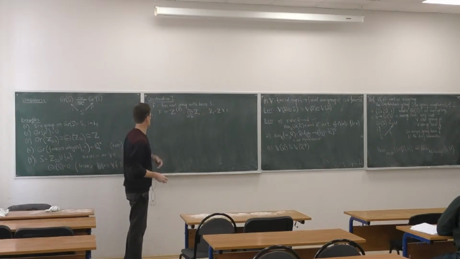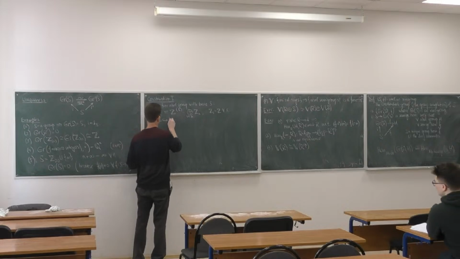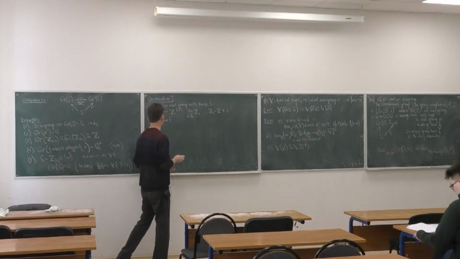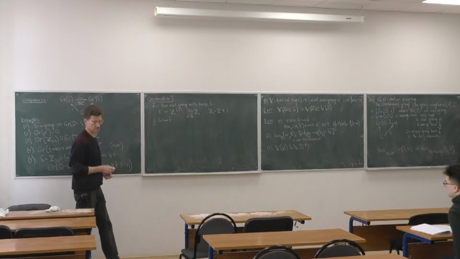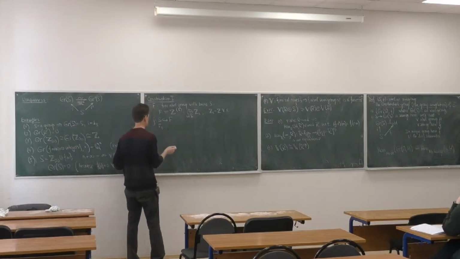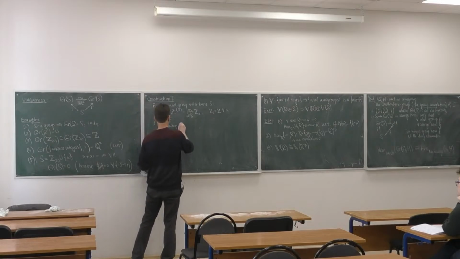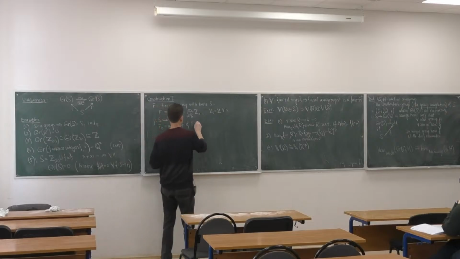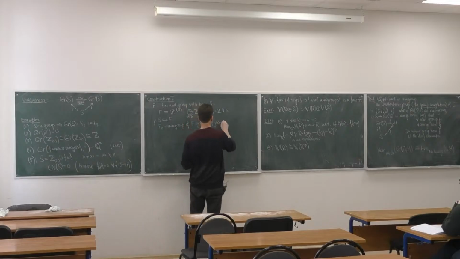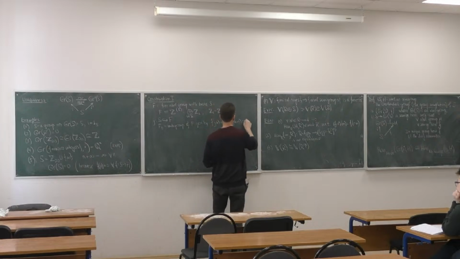So S is a basis of F, so we have a natural inclusion J of S into F. Of course, this is not a semigroup homomorphism, so we simply make it into a semigroup homomorphism by considering a suitable quotient of F. So let F0 be the subgroup of F generated by all elements of the following form: J of x plus J of y minus J of x plus y, over all x and y in S.